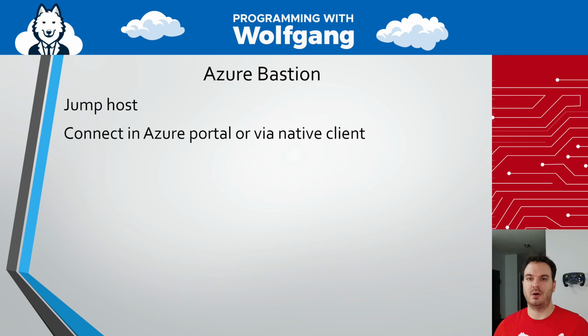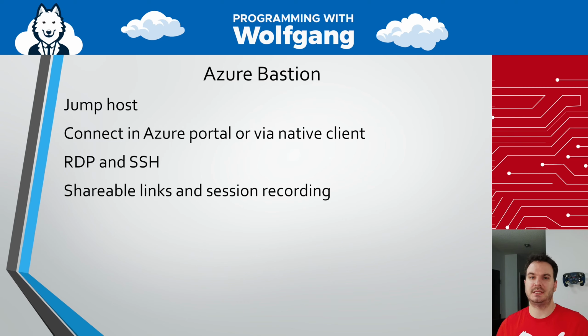This means we can open our SSH client on our Windows, Linux machine, whatever we prefer, and connect through Azure Bastion to the VMs. I'm going to show you both. And you can also use RDP or SSH. Today we're going to use an Ubuntu VM, therefore we're going to use SSH.